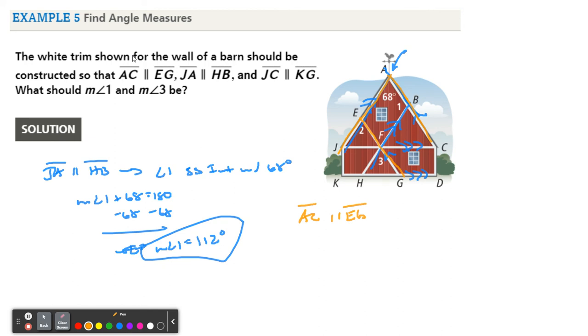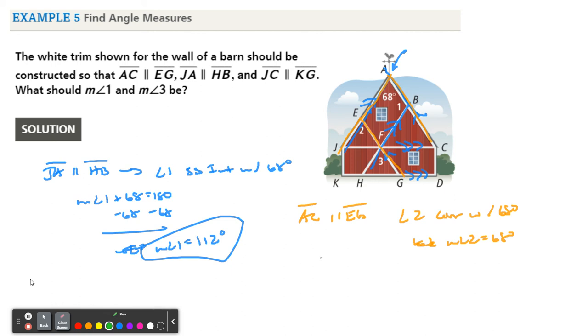They're both facing down. So we have angle 2 is corresponding with the 68-degree angle. So that means the measure of angle 2 equals 68 degrees. Okay, so that helps me, right? So that's 68.